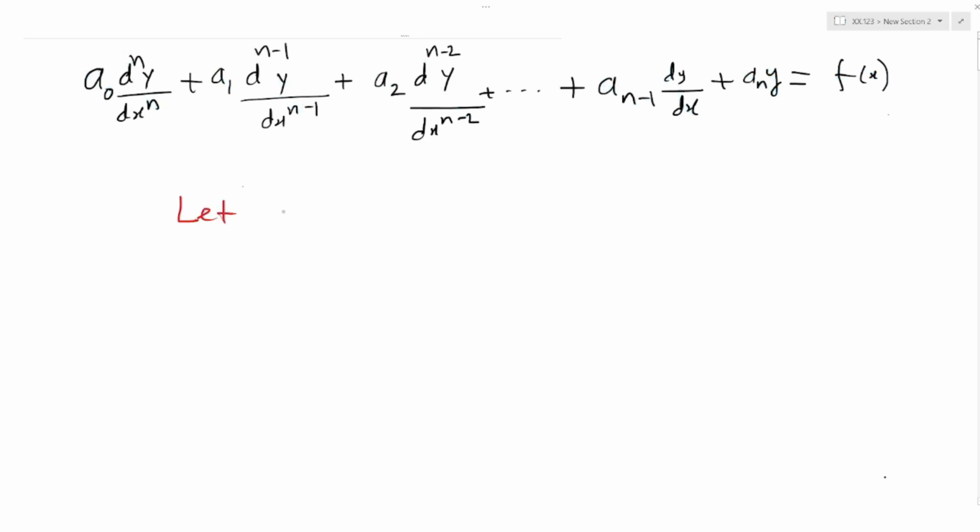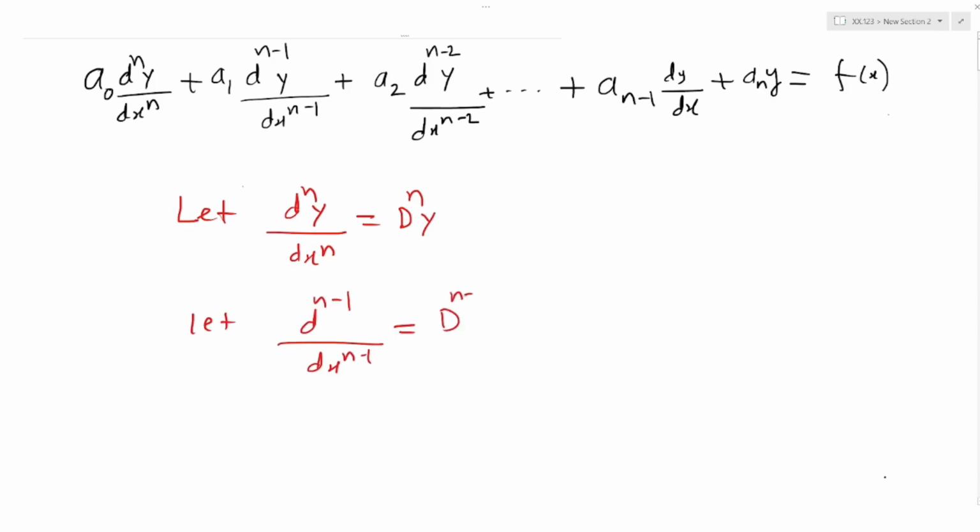Let d^n y upon dx^n equal D^n y. Let d^(n-1) y upon dx^(n-1) equal D^(n-1) y, and so on. dy by dx equals Dy. This is a shortcut notation for the different derivatives.